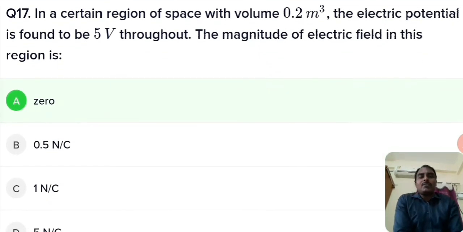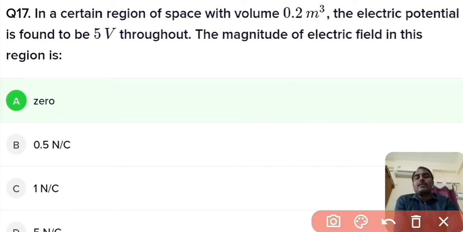Next problem, 17th one. In a certain region of space with volume 0.2 meter cube, the electric potential is found to be 5 volt throughout. The magnitude of electric field in this region is. For this, let us write the relation between electric field and potential.